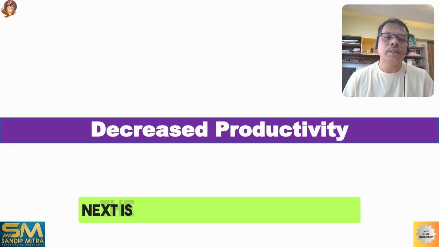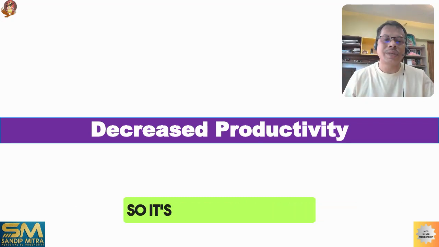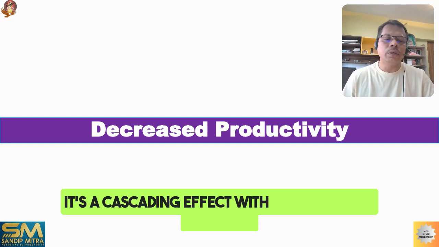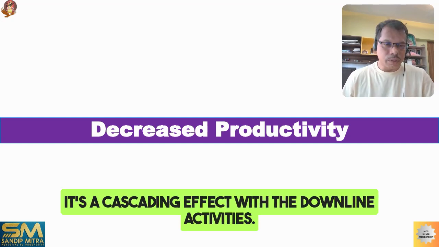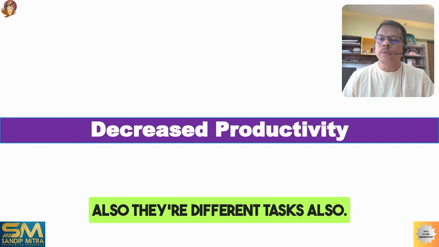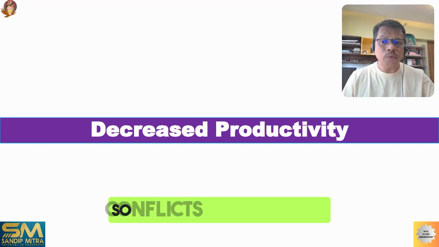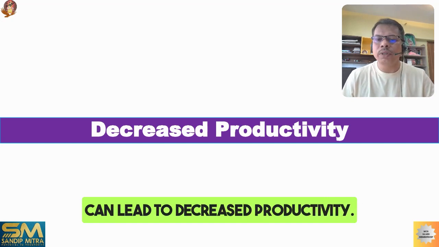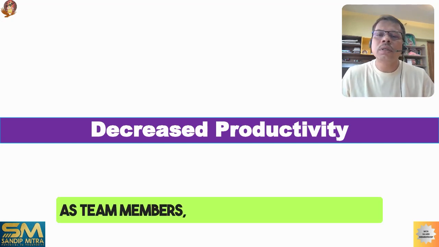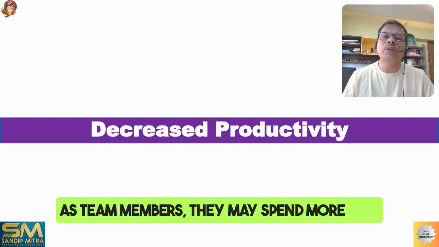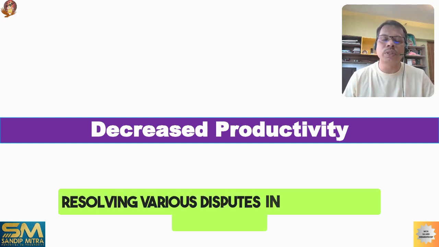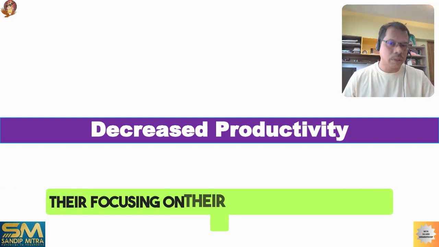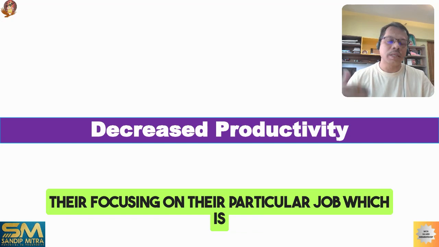Next is decreased productivity. It's a cascading effect on the downline activities also, the different tasks also. Conflicts within the team can lead to decreased productivity, as team members may spend more time resolving various disputes in the project rather than focusing on the particular jobs assigned to them.